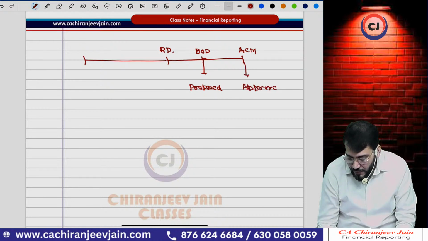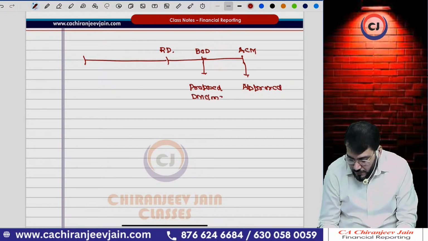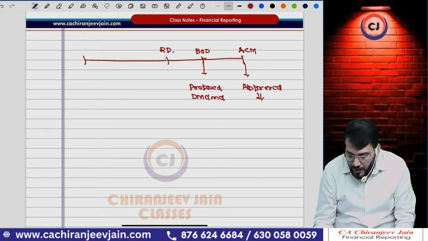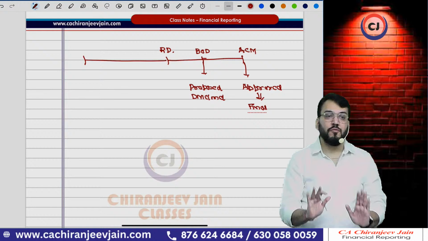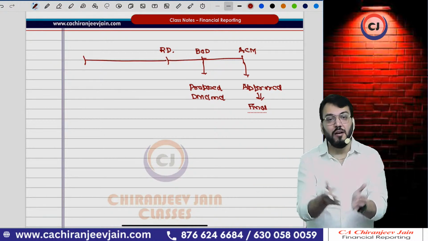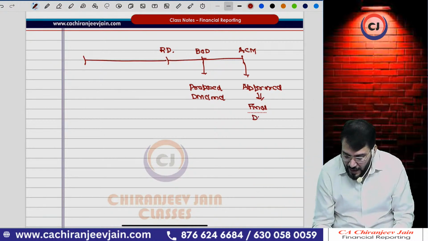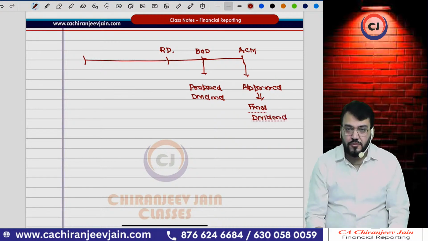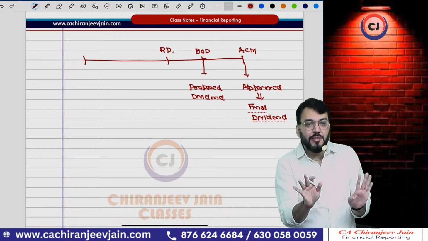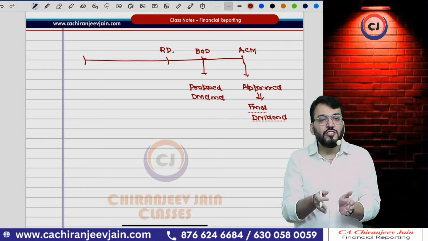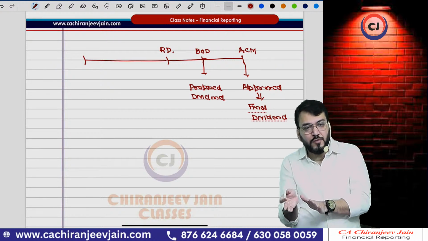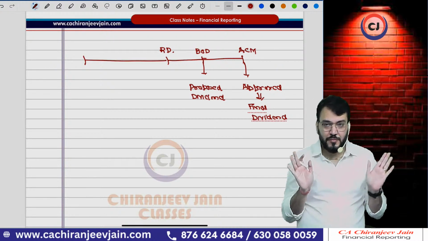Proposed dividend, once approved, we now call final dividend. It becomes final, which means now we are supposed to pay. I hope you know this term, final dividend. I'm not discussing interim dividend right now. Final dividend means which is declared after the balance sheet date for the previous year.